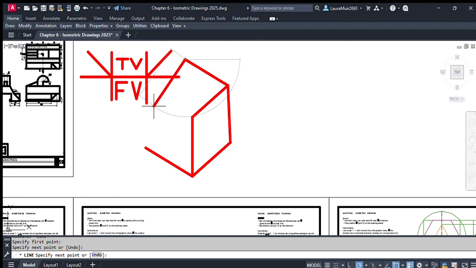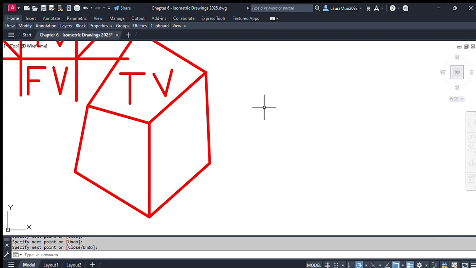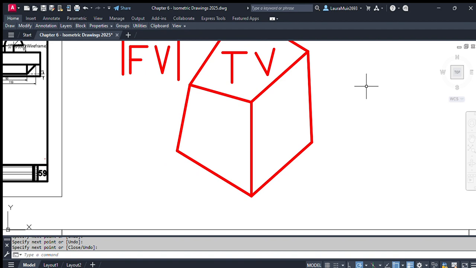Okay, we know that this is our top view. This is never up for dispute. Do you agree with me? No matter what, that top part there is going to be my top view. The question comes in, is the front view on the left or the right?